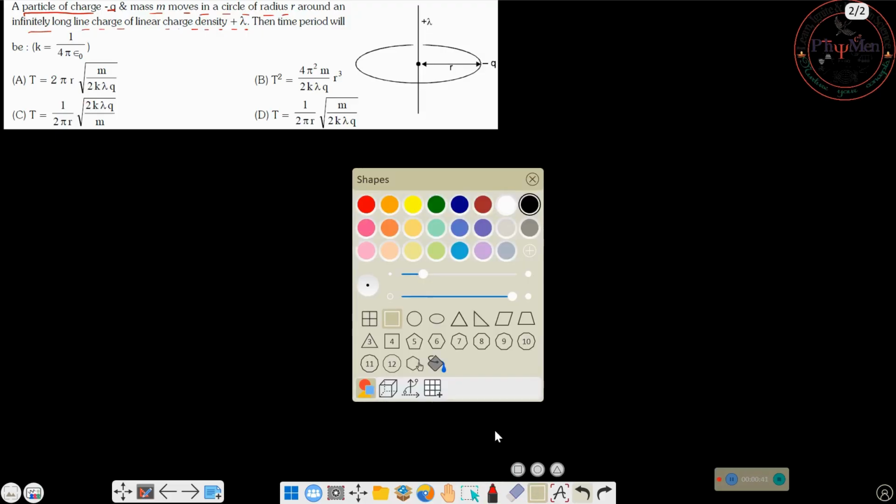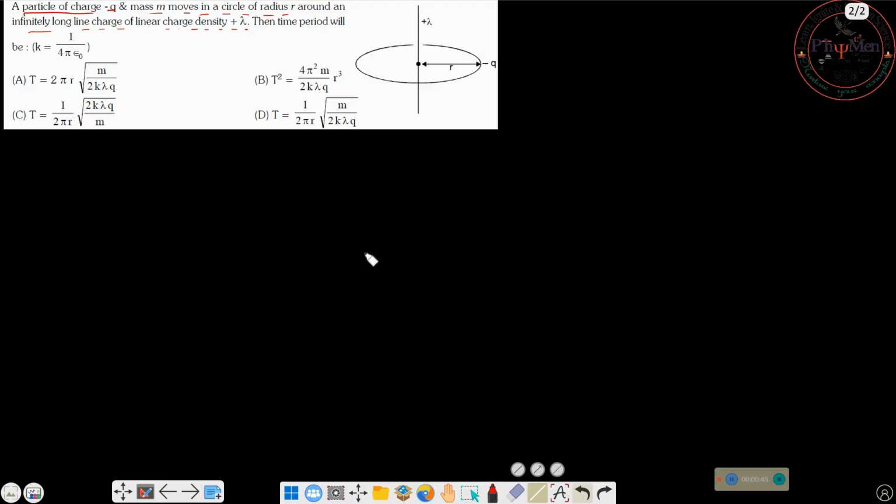So let this be the long line charge. Okay, it extends up to infinity.